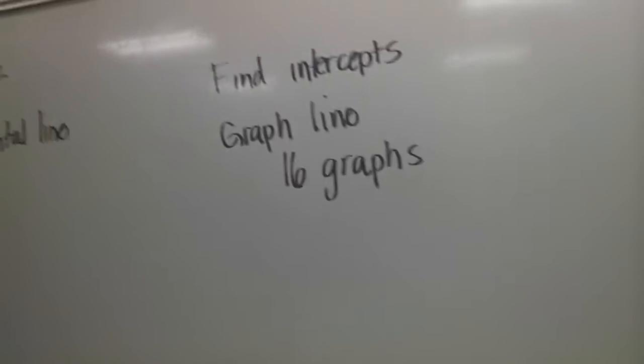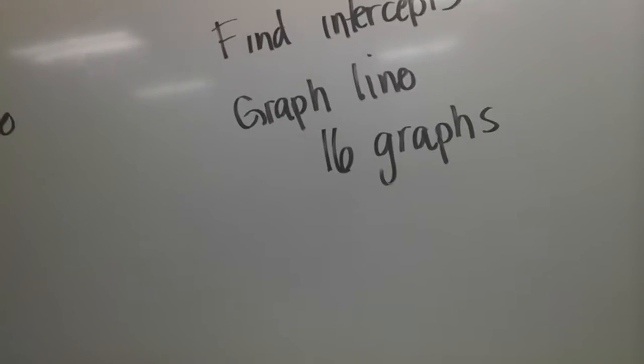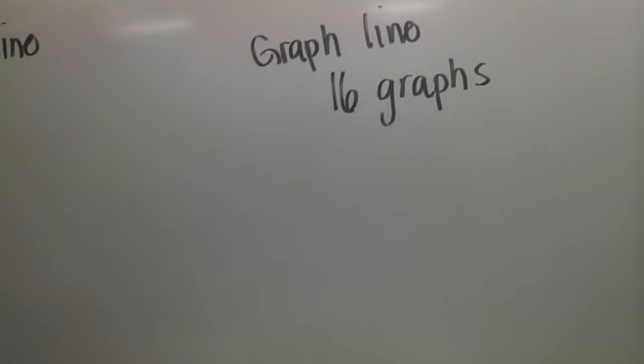But remember that I'm going to want to see your work when it comes time to check and test on this. Showing your work is going to be part of it. Just giving me an answer of an ordered pair is not going to be enough, okay?